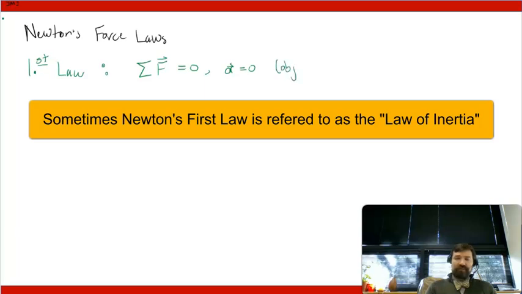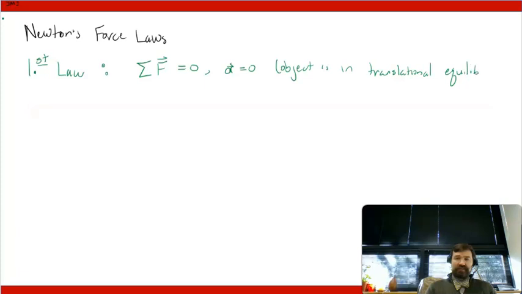And this object is in translational equilibrium. Now, in a future video, we will discuss the difference between translational and rotational equilibrium in the context of equilibria in general. But for our purposes right now, we might even just say the object is in equilibrium. If it's a point object, certainly there's not much in the way of rotational equilibrium to be had.